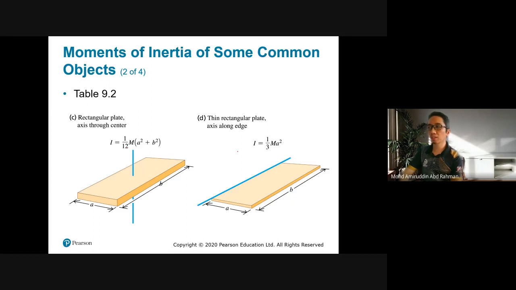But if the axis of rotation is along the edge, on that side, like this book that you want to move, then I is 1/3 m a squared.